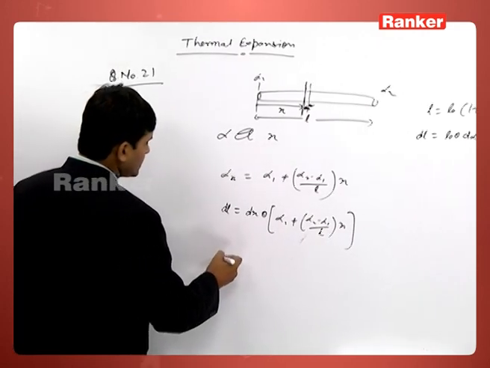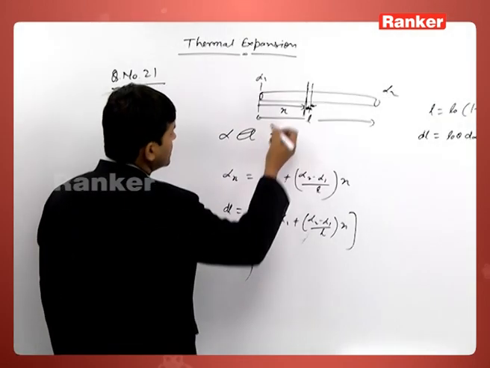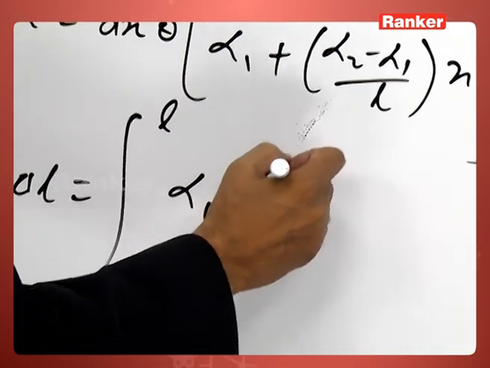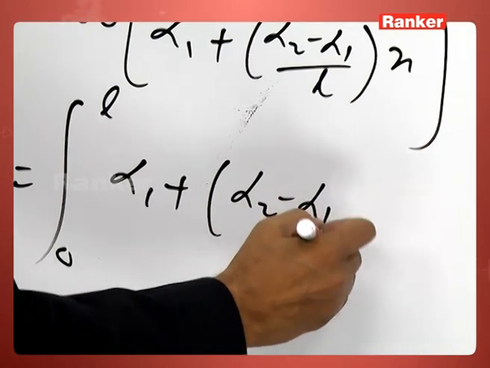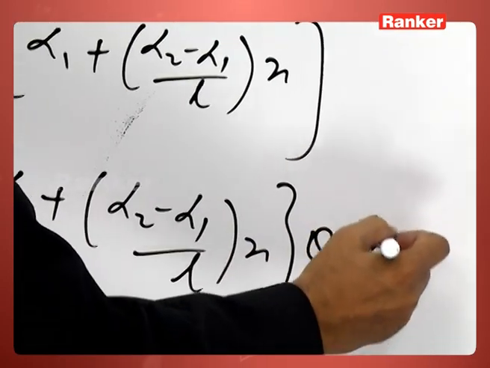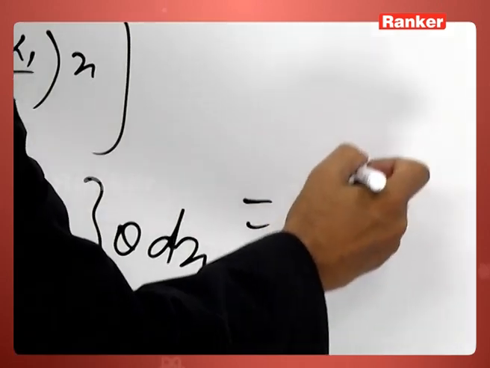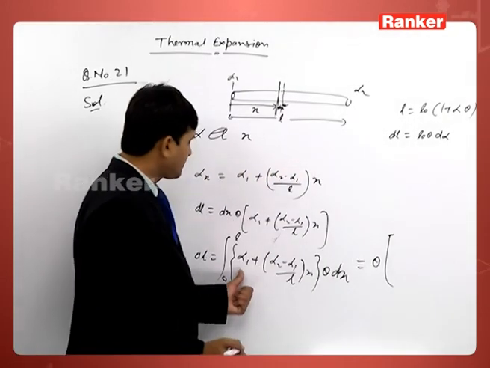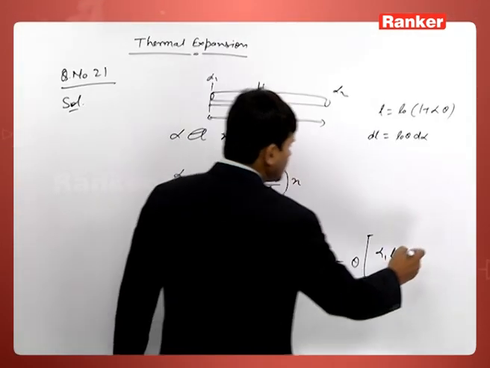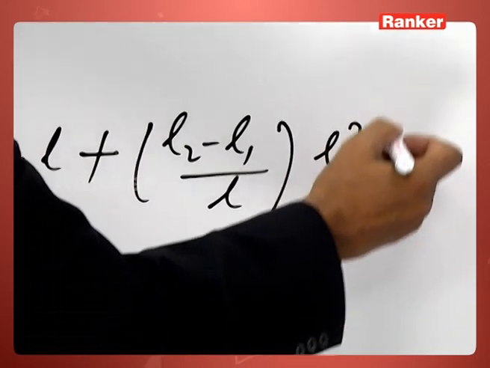Now the total elongation delta L is equal to the integral of x from 0 to L of alpha 1 plus (alpha 2 minus alpha 1) by L into x, into theta dx. Now simplify: alpha 1 L plus (alpha 2 minus alpha 1) by L, L square by 2.